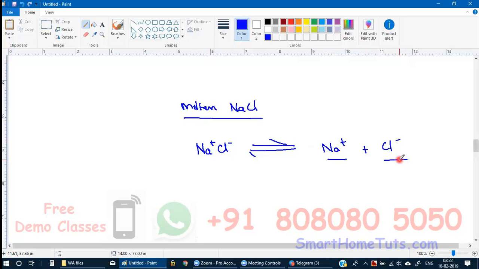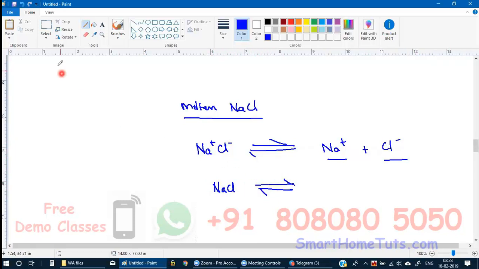On the left side, do you have to put the ions also? Yes, ions on that side also you can put. Basically, this is an ionic compound, so it is already present in the form of Na plus and Cl minus because the electron is already transferred. You can write this as NaCl giving you this.